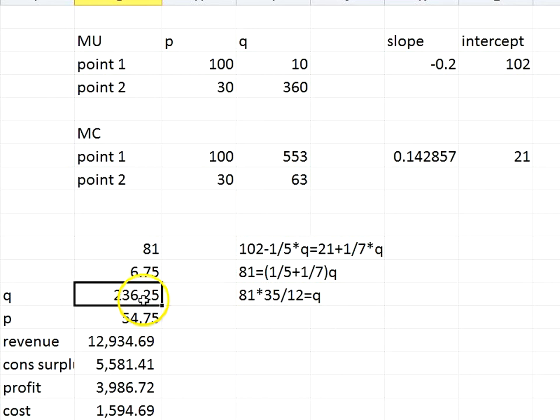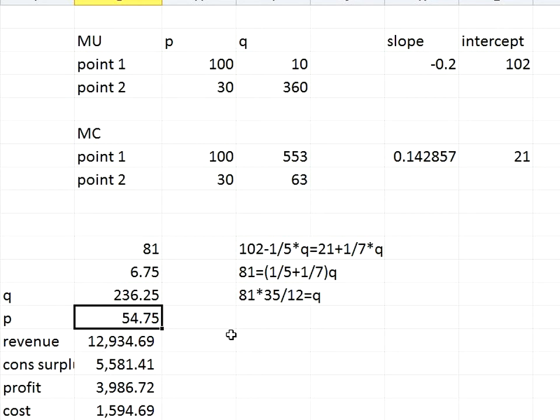By plugging in these 236 in the equation for the marginal utility that we obtain either in this half or this half, we obtain that the price at which we trade is 54.75.